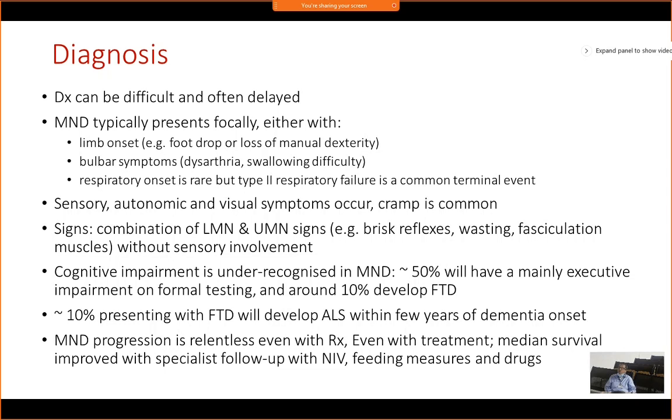In the feet, you will find foot drop, and in the hands, a person will fumble with normal day-to-day activities along with wasting of the muscles and fasciculation. In the bulbar type, the bulbar muscles are basically the muscles of speech and swallowing, so there will be difficulty in speech and swallowing. And if there is a respiratory onset, that means the fibers supplying the respiratory muscles are affected, there will be respiratory paralysis. And this is usually terminal.